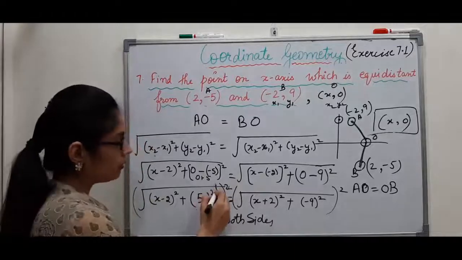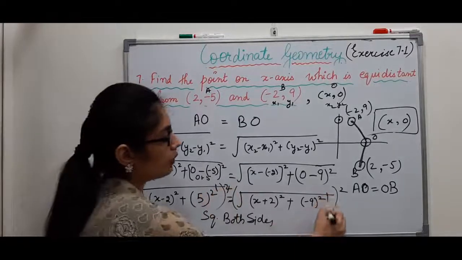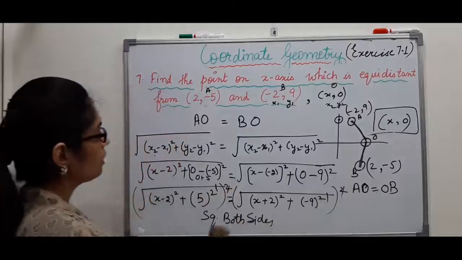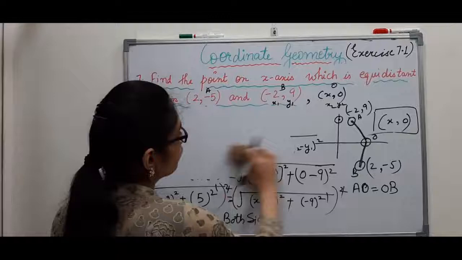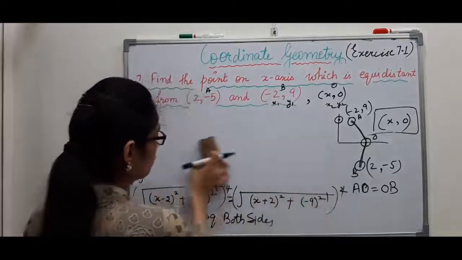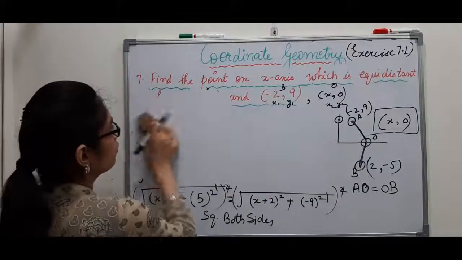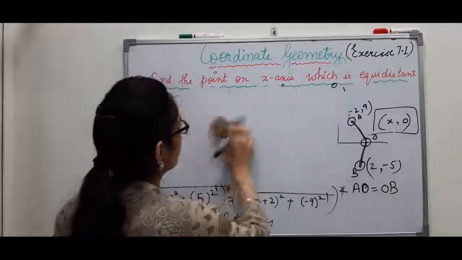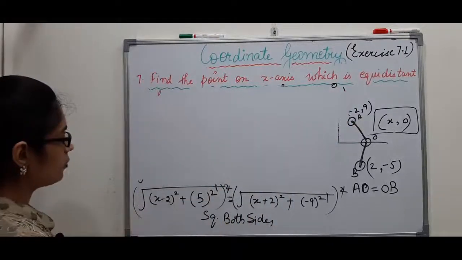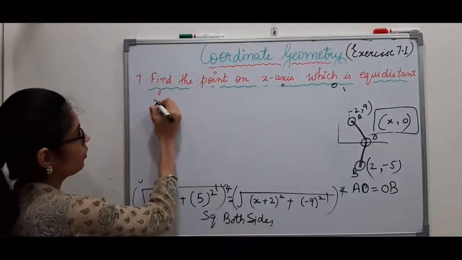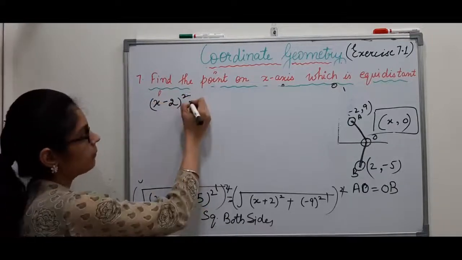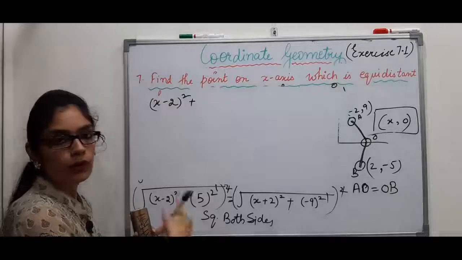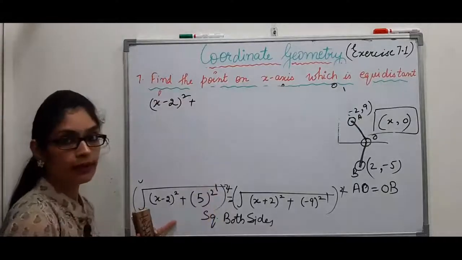So this square root will get cancelled with this 2, and this square root will get cancelled with this 2. Now let's write down what I am left with. X minus 2 whole square plus whole square of 5, because this square root I have already cancelled.